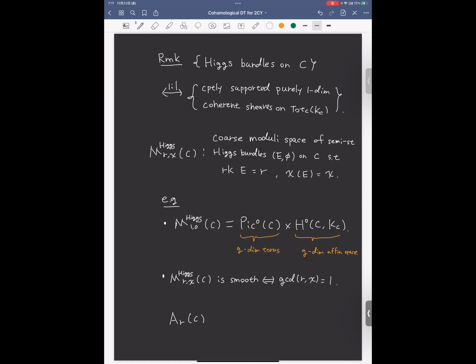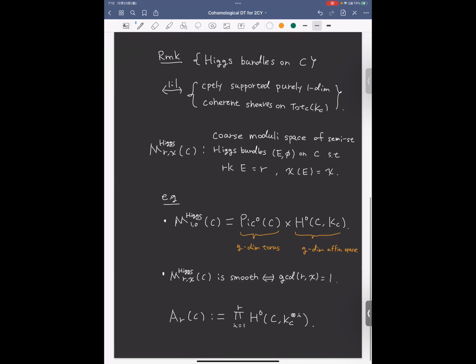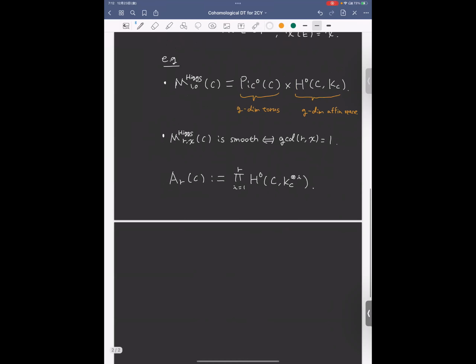Okay. Now we define an affine space A_R(C) by the product of the global sections of the canonical bundle to the power i. Okay, this is called the Hitchin base. And we define a very important morphism called the Hitchin fibration.